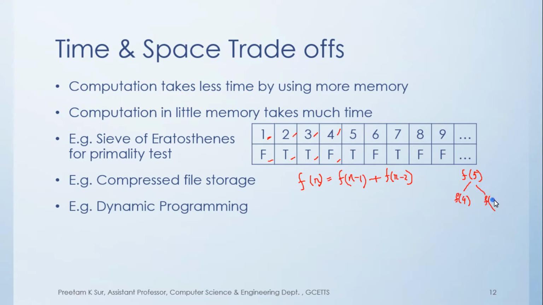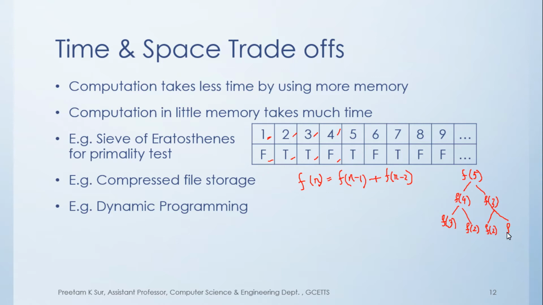Now f of 4 will again recursively call f of 3 and f of 2, whereas f of 3 will recursively call f of 2 and f of 1, like that.